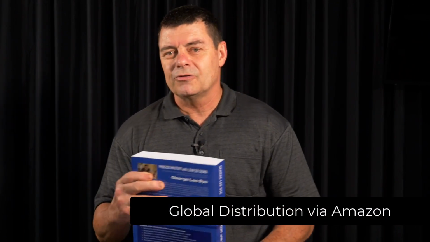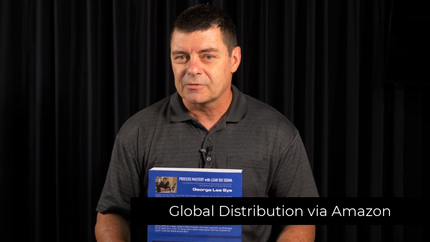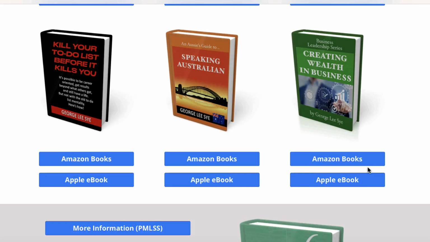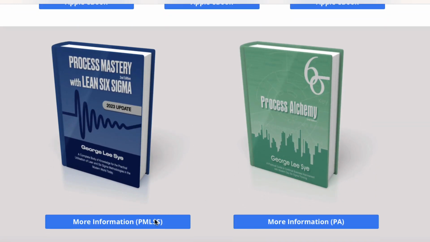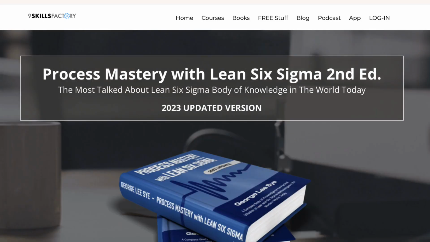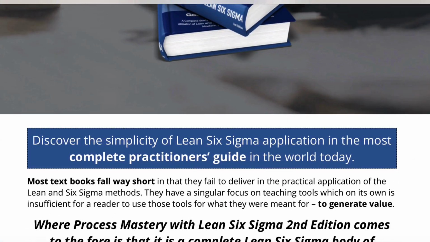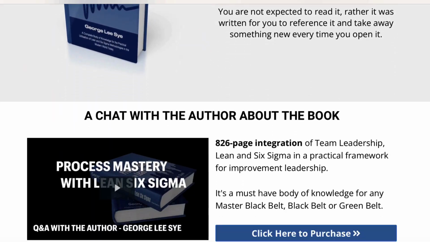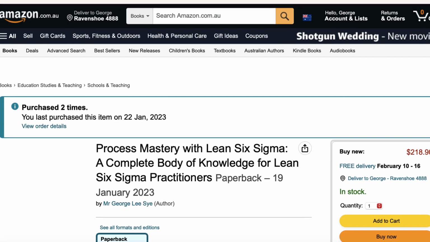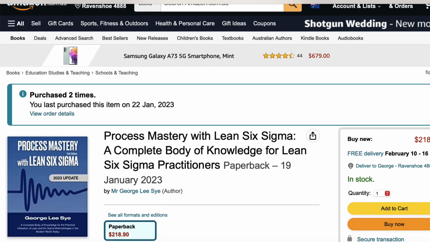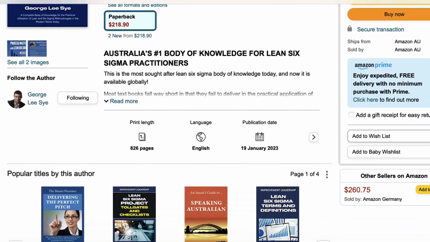This is also now available globally through Amazon. We made the decision to shift away from publishing and distributing it ourselves. By the way, that's been quite successful, and it was a pretty good strategy originally versus getting it published through a publishing company. But now, with the advent and improvements and all the options provided through Amazon, the book is accessed via Amazon.